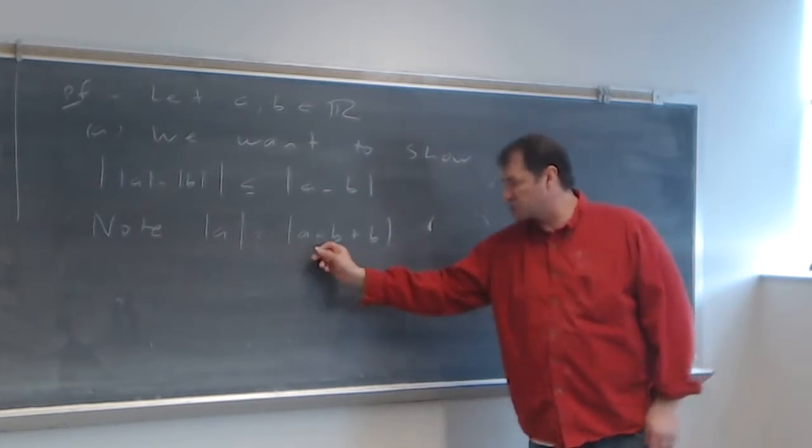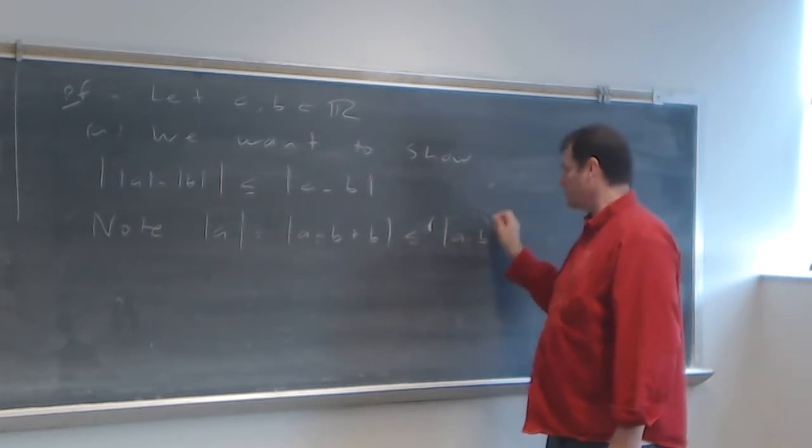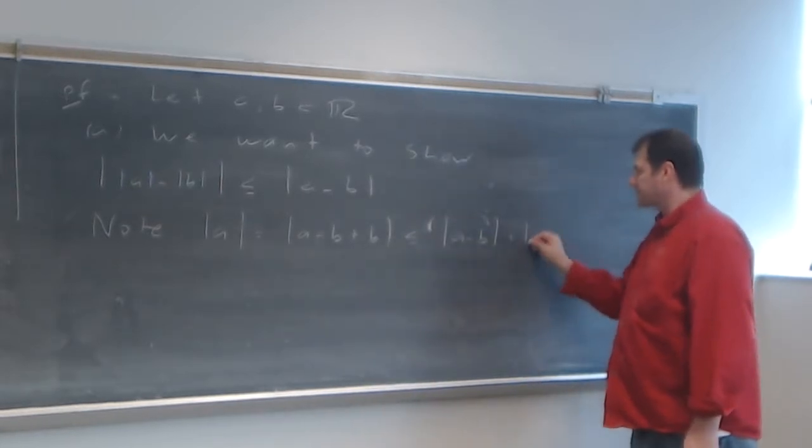By the triangle inequality, this is less than or equal to the absolute value of the first number plus the absolute value of the second number.